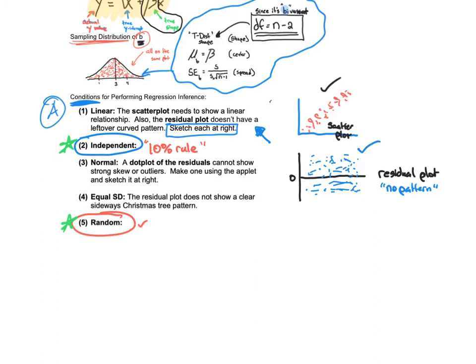Then number 3, a normal distribution, or really a t distribution. It cannot show any strong skewness. But we are talking about the residuals. So literally what we'd want to do is look at the residuals and make sure they are following some kind of normal pattern.